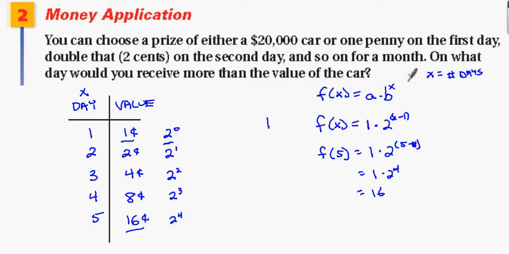So there's my equation. F of x equals a penny times 2 to the x minus 1.